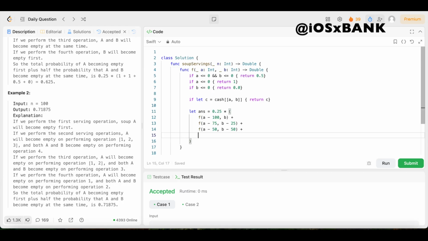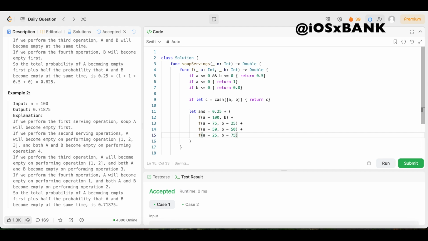Then finally, if we serve 25 milliliters from A and 75 milliliters from B, we're going to say F, open up the parentheses, A minus 25, comma B minus 75, just like that.